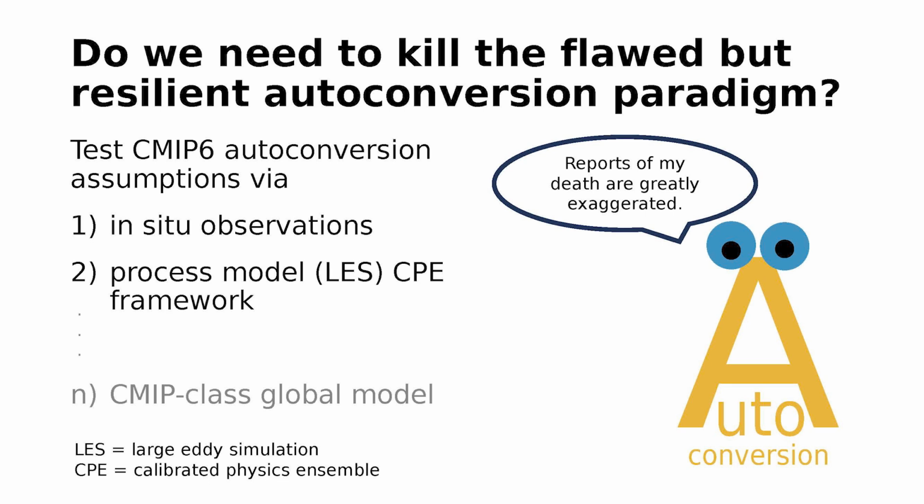So here I just want to talk about two different types of case studies that we did to look at these autoconversion assumptions, which I think tie back into some of the talks we heard yesterday. First, we want to use in situ observations. And second, we want to use process models, specifically LES, or large eddy simulations, in this calibrated physics ensemble framework.